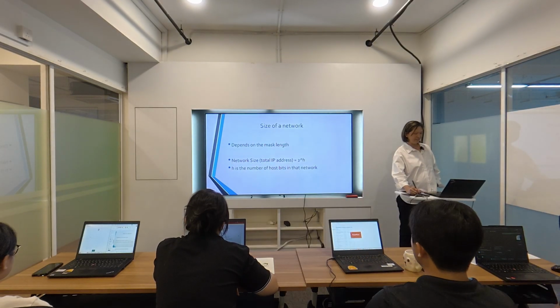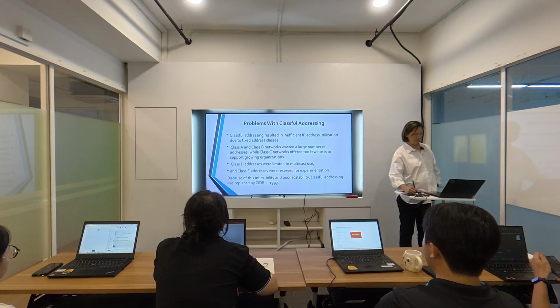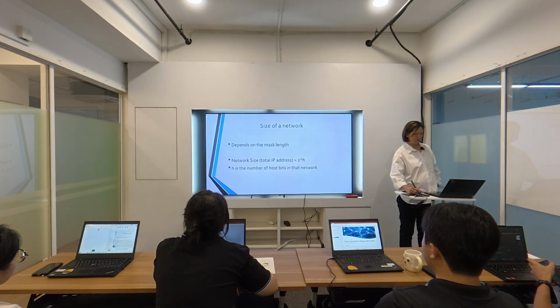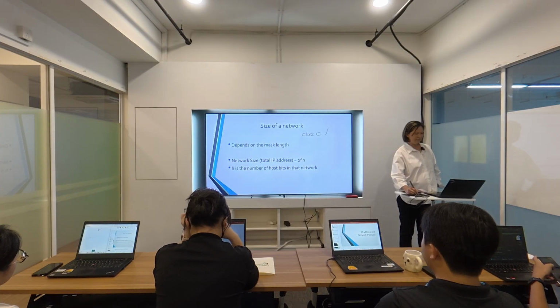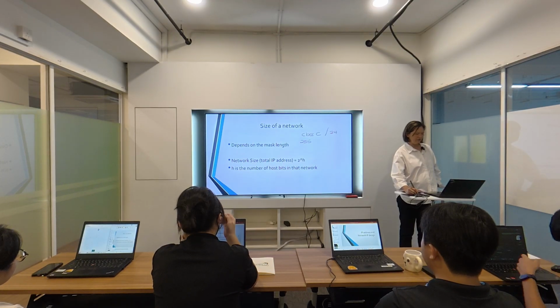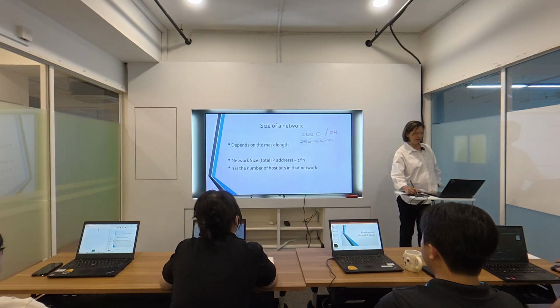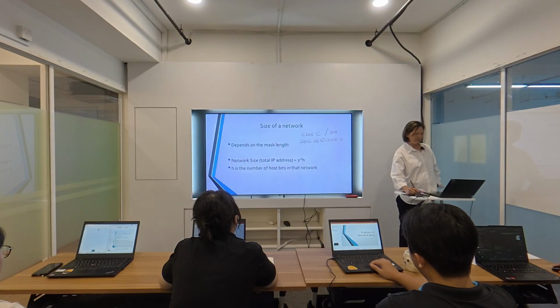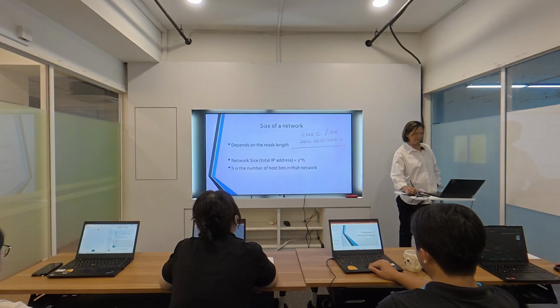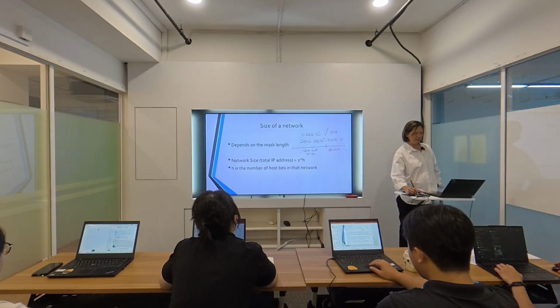Let's start with our class C. Class C/24, or in dotted decimal format, our mask is 255.255.255.0, which means out of the 32 bits, you have a 24-bit network portion, and 8 bits are the host portion.